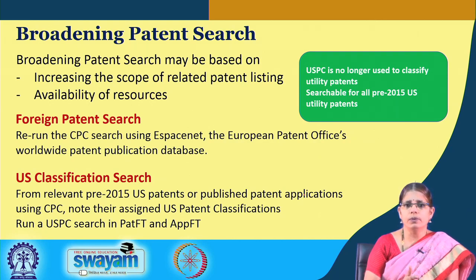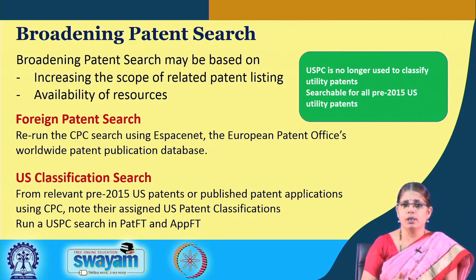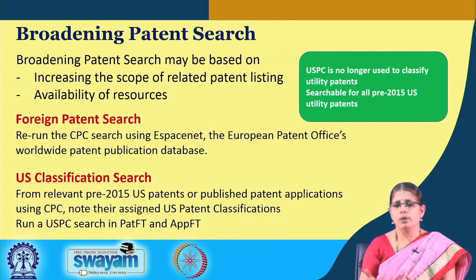One aspect of the area is such that when plants are saline tolerant, they can also be drought tolerant. So, when you are looking at broadening of the patent search, let us say we are looking at the entire set of proteins in that particular area. It may also be relevant for us to understand that this could be a relevant hit with respect to drought tolerance. So, that is how you go ahead and actually broaden the search.